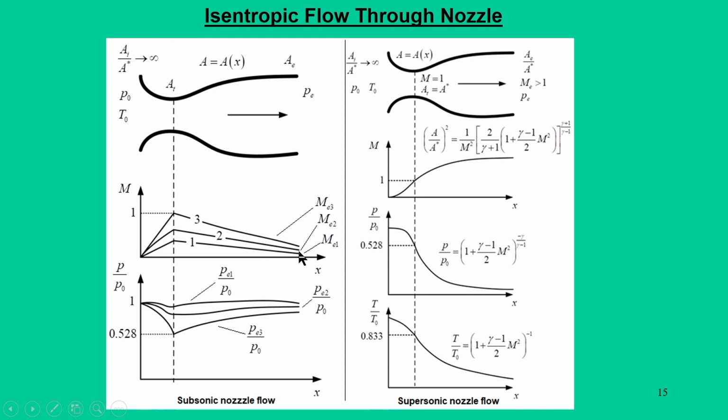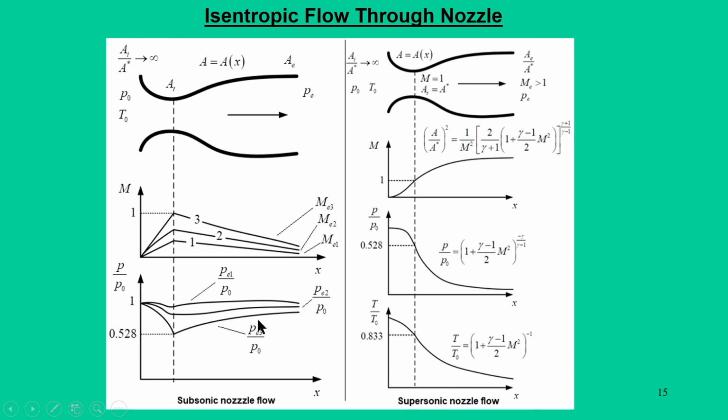If you keep increasing the pressure ratio from P1 to P2, the Mach number further increases from Me1 to Me2, and the flow is subsonic. At one particular value, Me3, the flow is sonic at the throat, while at the same time the flow is not supersonic at the exit, and the exit Mach number is also subsonic. In that case the value is Me3 and the corresponding pressure ratio is Pe3 by P0. So, these are the subsonic solutions.